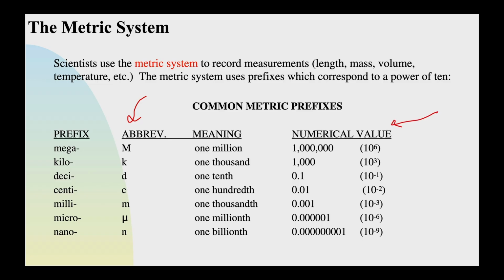And some of them that you're probably familiar with, kilo, which is used for like kilometers and stuff like that. You might have heard of a centimeter, which is centi, all right? Kilo is always 10 to the third, or 1,000, in scientific notation. And centi is always 10 to the minus 2, or 0.01, and that's going to be really handy.